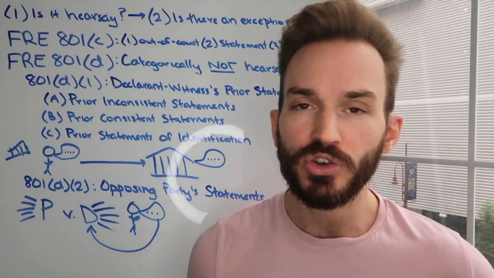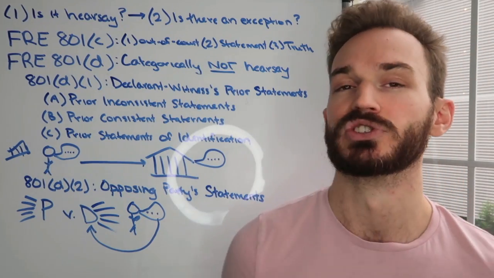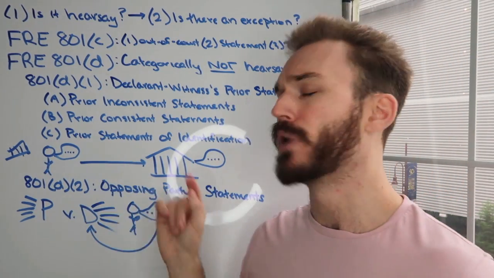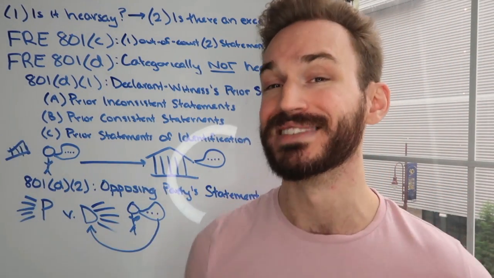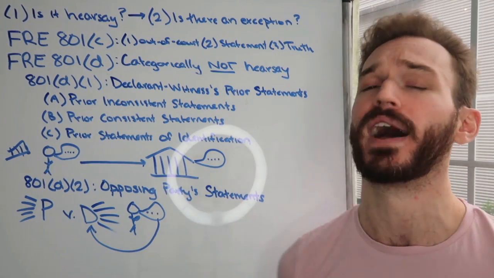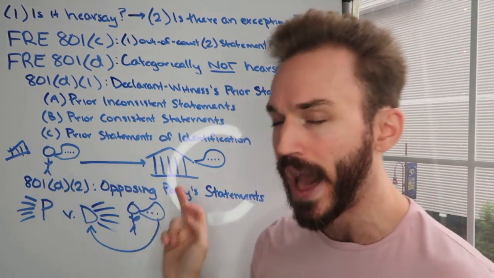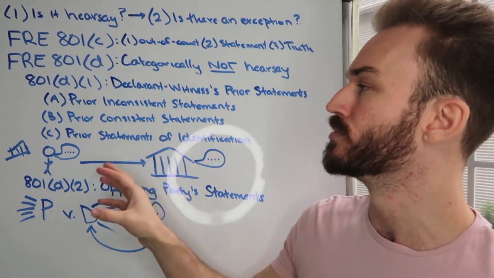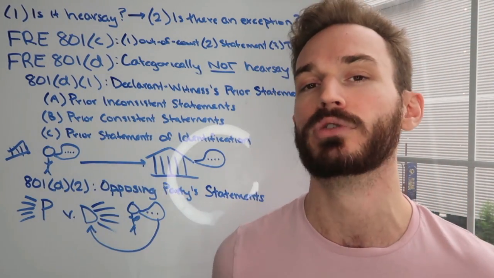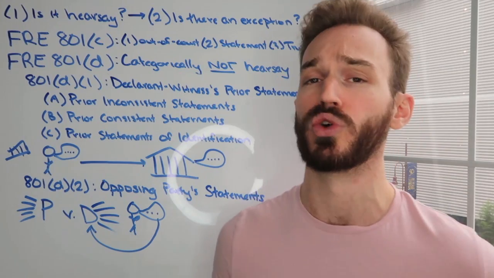801D1B deals with prior consistent statements. So imagine that the statement made by the declarant witness out of court is now the same as what he's testifying to right now in court today. When are you allowed to do that? Well, the starting point rule here is that you're not allowed to bolster a witness's credibility.